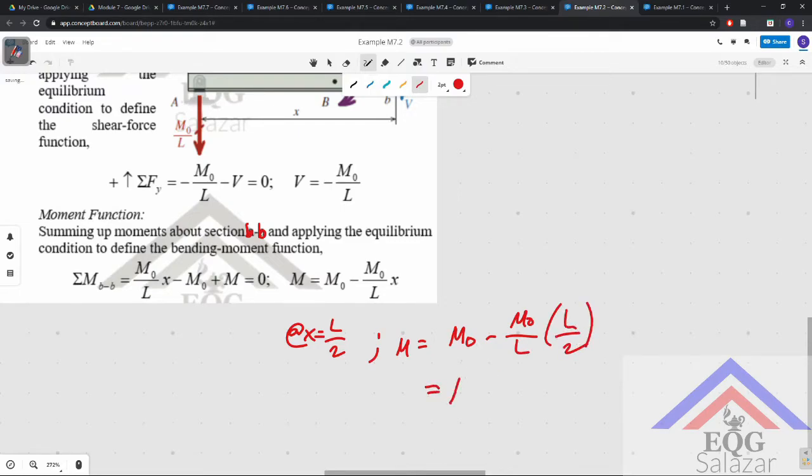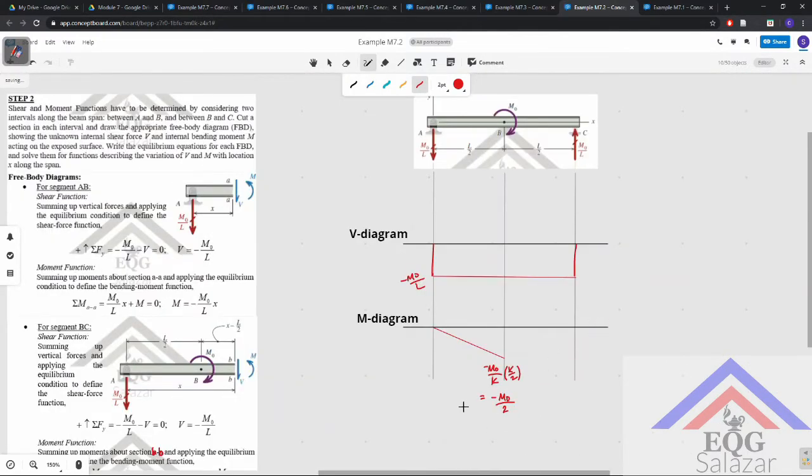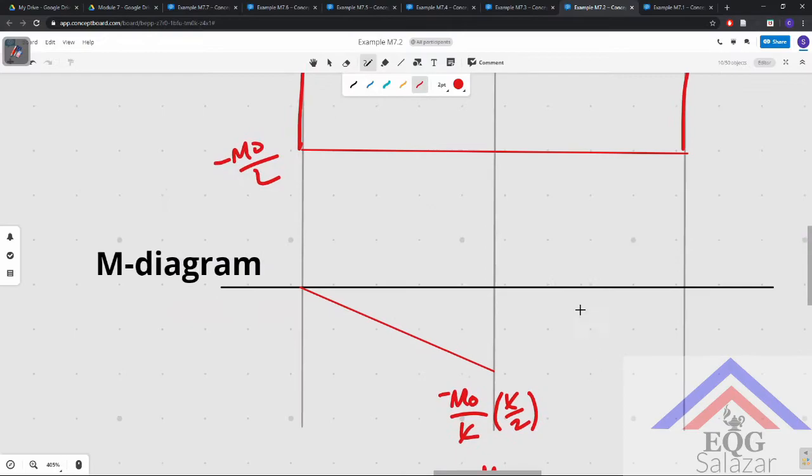So this will be equal to M naught minus M naught over 2. This will cancel out, and therefore this is positive M naught over 2. So instead of being here, your moment diagram will continue at this point here, at M naught over 2.